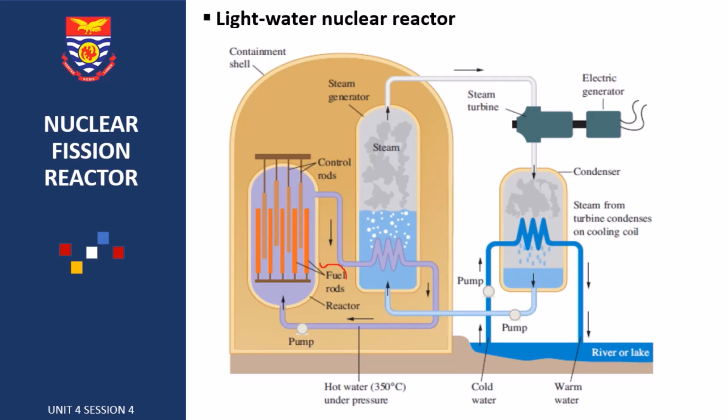Then a pump will circulate the hot water right into the steam generator. Then the steam produced in the generator will pass through into the steam turbines, which operate an electric generator.